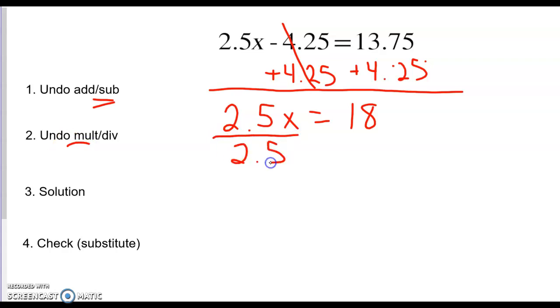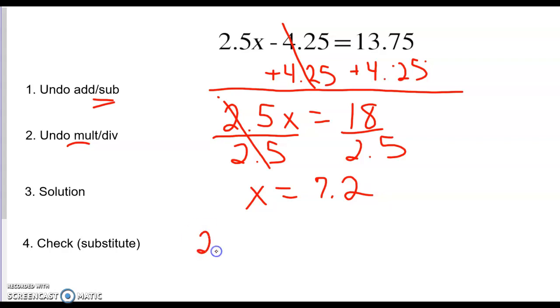All right, now I need to undo that multiplication by dividing. I'm going to divide both sides by 2.5. Well, 2.5 divided by itself leaves me with 1, or 1x. And 18 divided by 2.5 leaves me with 7.2. And there's my solution. But I always should check it to make sure it's okay.